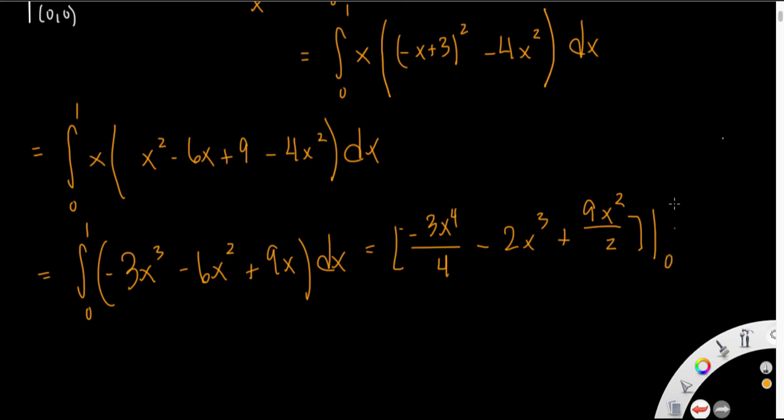Evaluate this from 0 to 1, and we'll get negative 3/4 minus 2 plus 9 over 2, and we should get, on my calculator here, negative 3 over 4 minus 2 plus 9 divided by 2. This looks about right, and we get 7 over 4 as our solution.